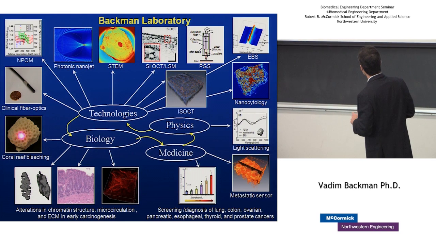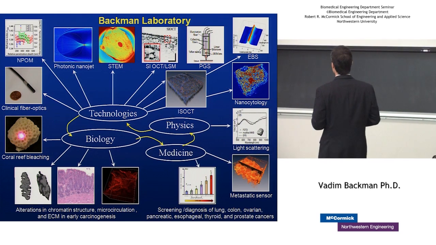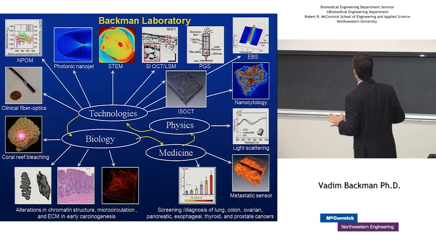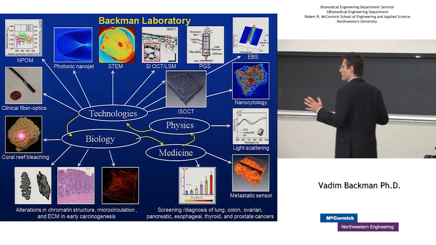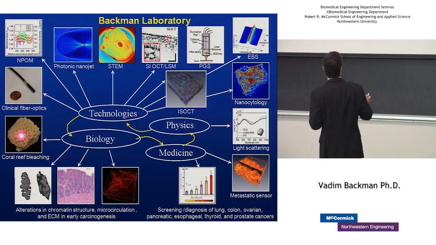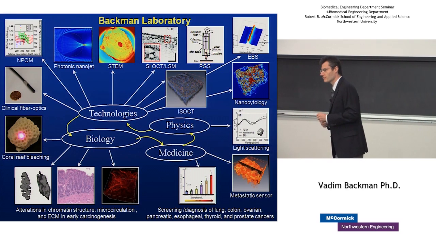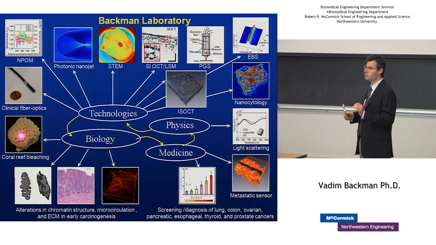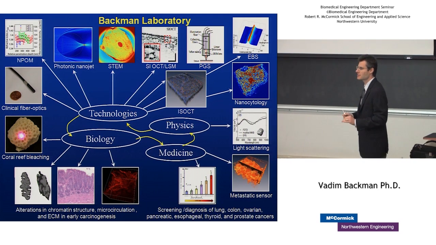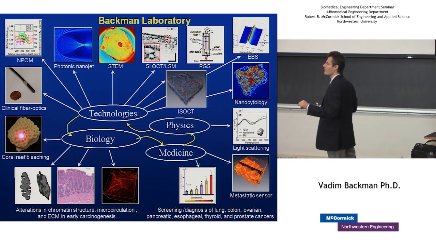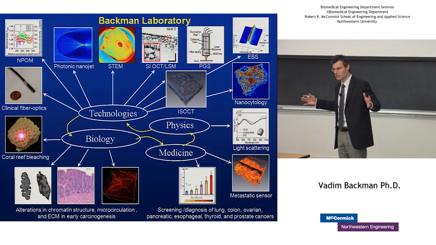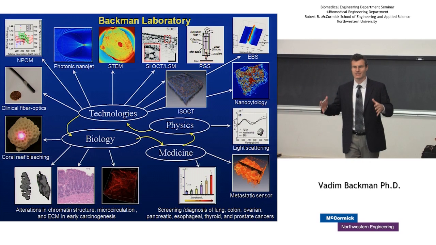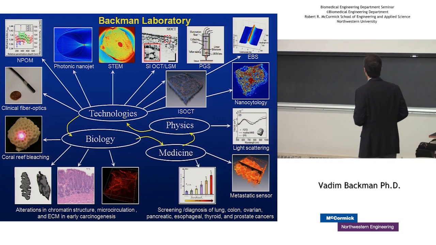And we take a comprehensive approach where we do several things. We start with the basic physics of light interaction with tissue. We focus on the most fundamental and still surprisingly poorly understood process of elastic scattering in tissue, which is the most ubiquitous way light interacts with the biological cells in tissue.